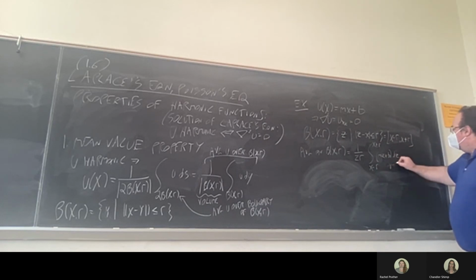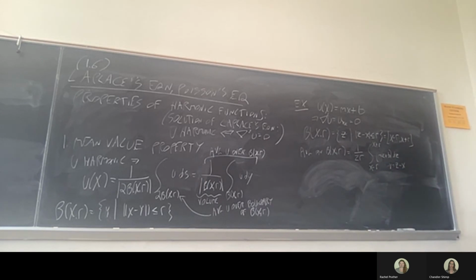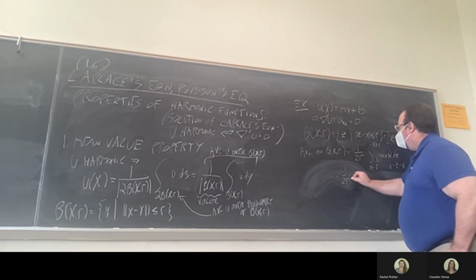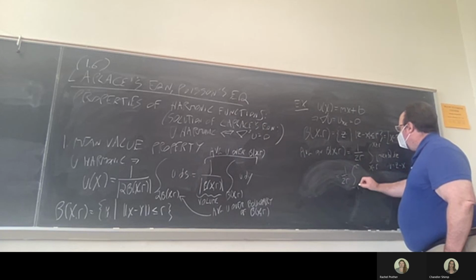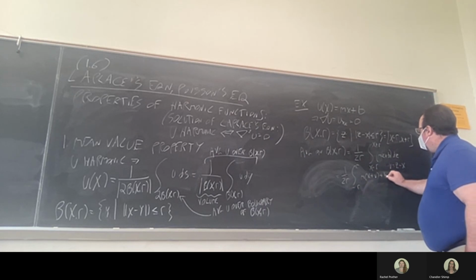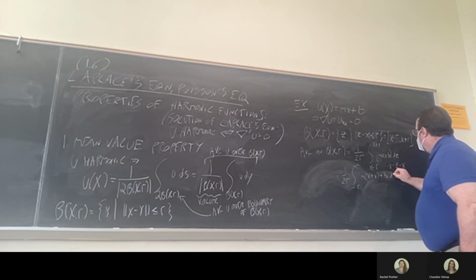All right, so let b be equal to z minus x. In other words, I'm moving x to the origin. So now the limits are simpler, minus r to r. And then I have m(x plus b) plus b db.